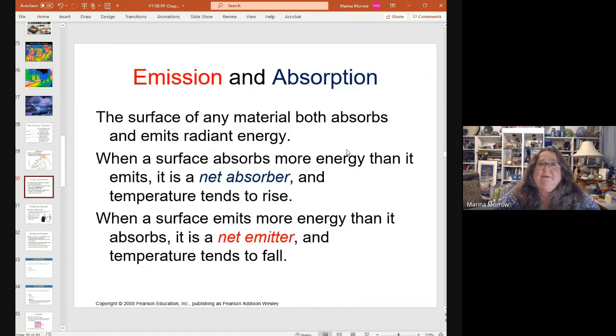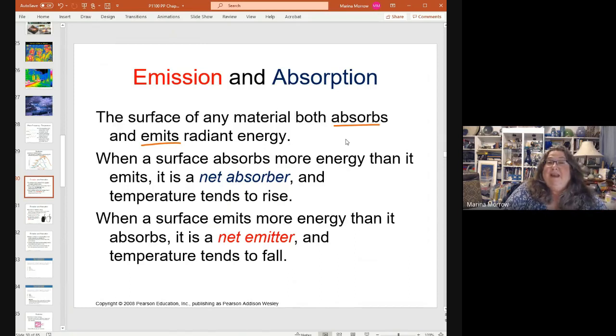Okay, now we're going to talk a little bit about emission and absorption. There's more in your book, but the idea is that objects can both absorb and emit radiant energy. So when you're sitting, okay, in the sun, you are absorbing heat energy, right, from the sun.